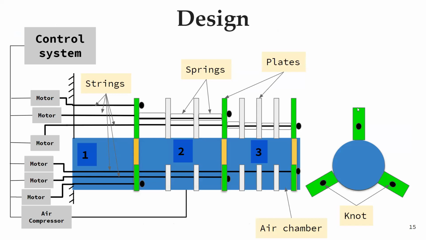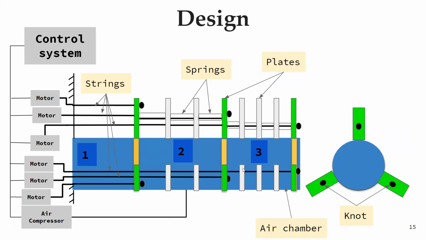It will comprise an air chamber which can be pressurized, and it would be controlled by a bunch of strings that run around the periphery along the length of the robot for control, and there will be plates attached to it to which these strings will be attached.